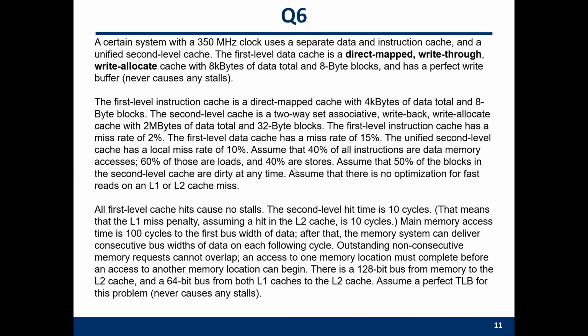This is because you will look up the level 1 cache anyway. So all the requests will go to the L1 cache. So you will pay 1 cycle for all of them. This is part of the pipeline. That's right.